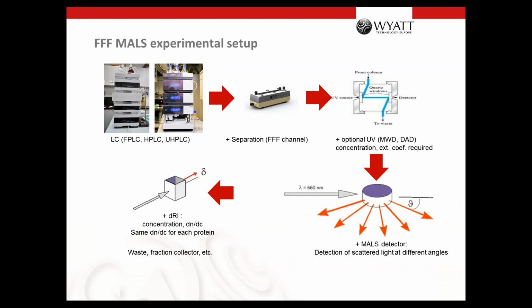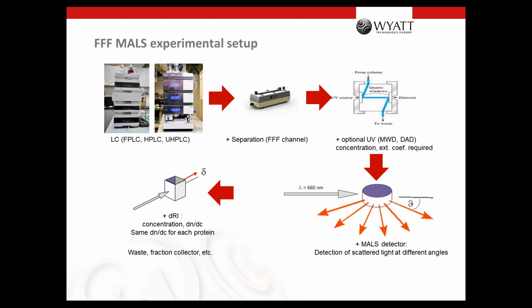You would even see material which has no aromatic amino acids in it. And another advantage of using DRI is that the DRI detector uses the same constant as the light scattering detector. And that makes the formalism much easier and reduces the error.